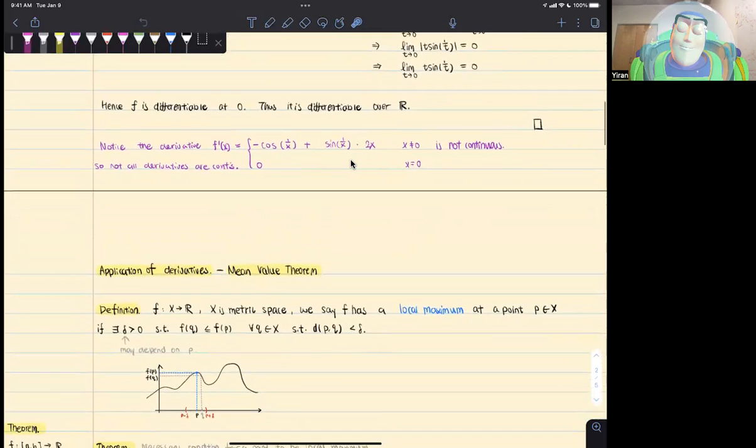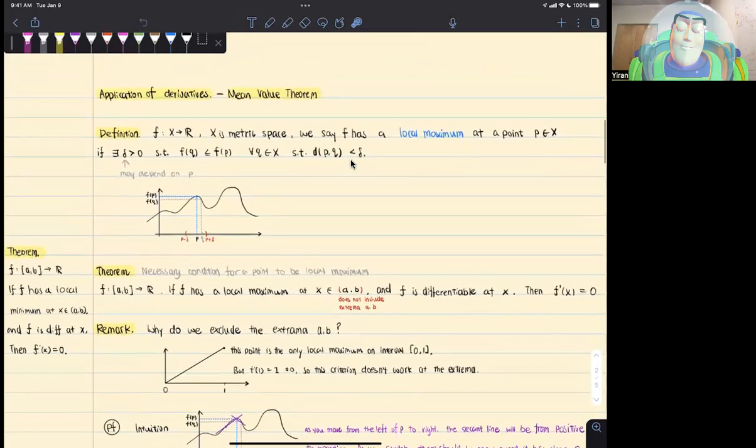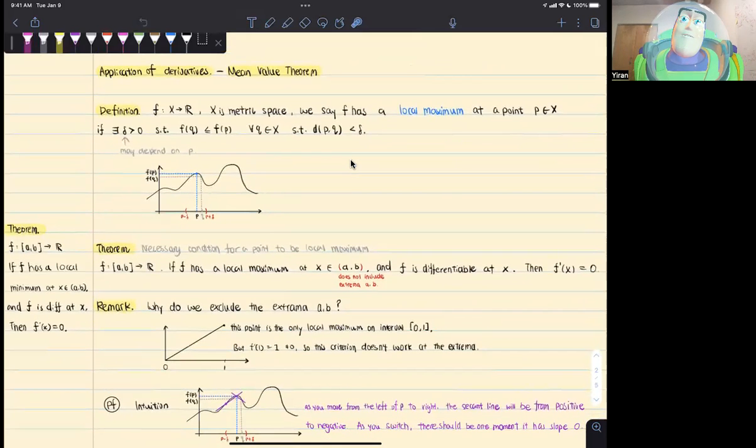Cool. Okay. Next, we're going to prove the generalized mean value theorem, and then as a corollary, really quickly, the common mean value theorem.